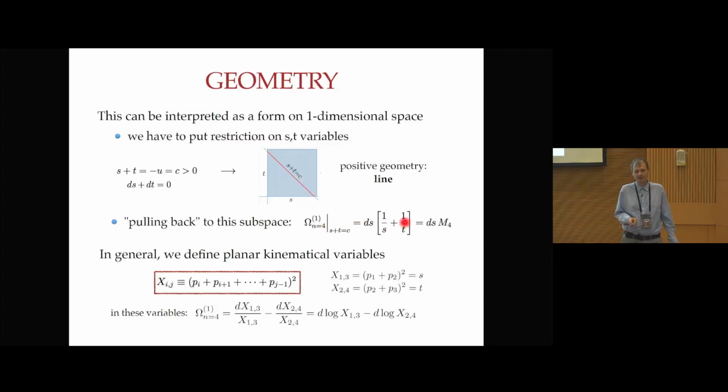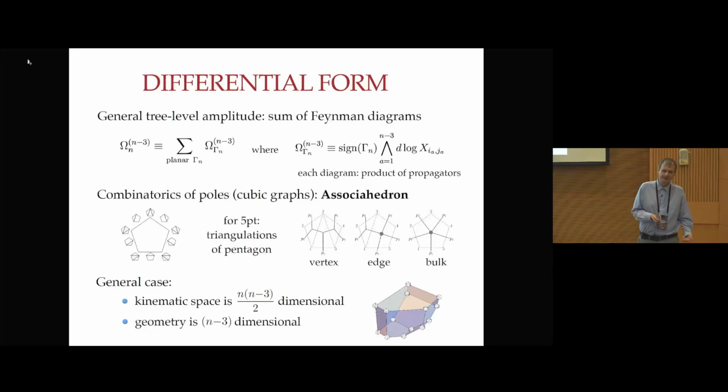In these 4-point examples, we had s and t variables, or x1 3 and x2 4, but the geometry must be just one-dimensional, not two-dimensional. Therefore, there are too many of these xij variables. They are all independent variables, but the geometry is actually lower dimensional. In fact, the kinematic space has n times n minus 3 over 2 variables, but the geometry that we are looking for is only n minus 3 dimensional.